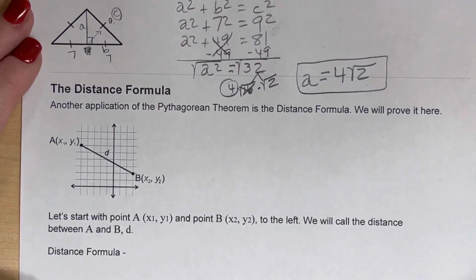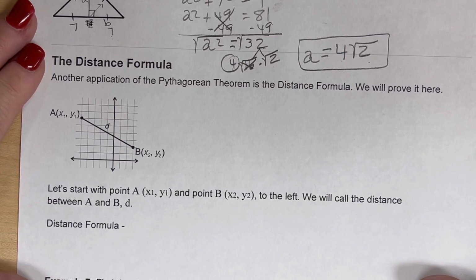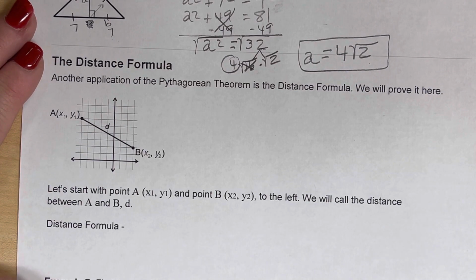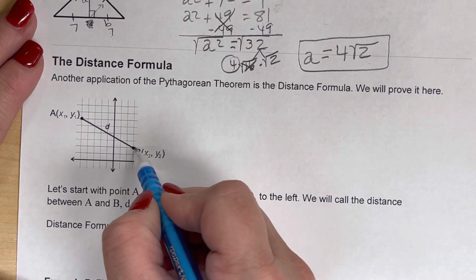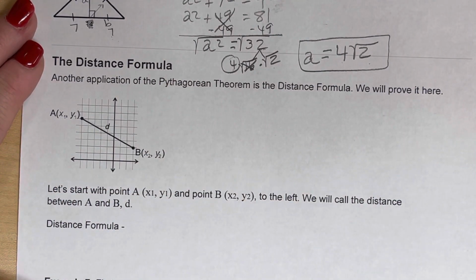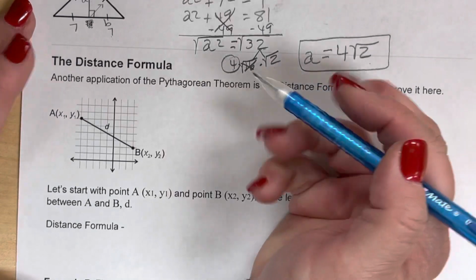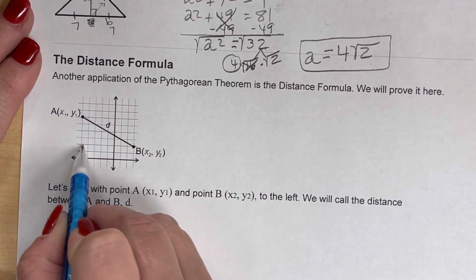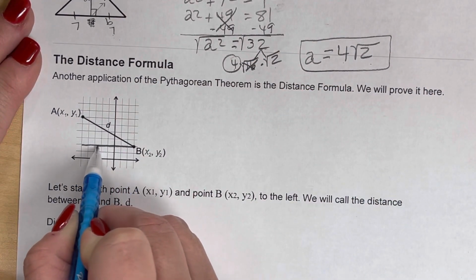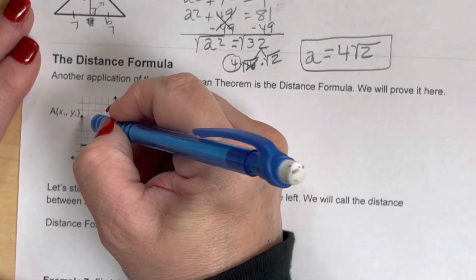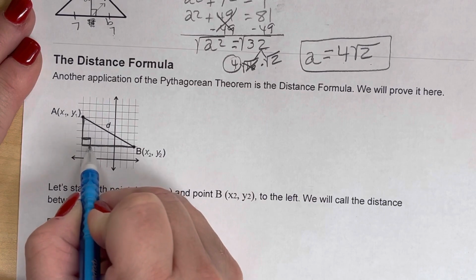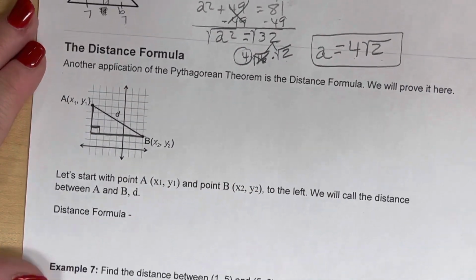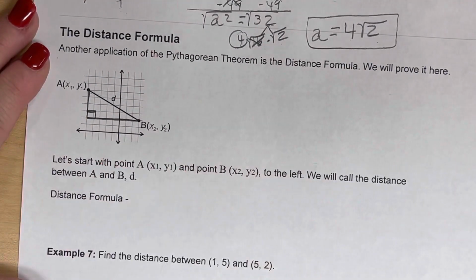Now, another application that you can use with the Pythagorean theorem is the distance formula. That is so that you can solve and find your hypotenuse, because technically this is what they're looking at, just so you know. If you were to connect these here and here, you basically have a right triangle. So that would be your hypotenuse right there.